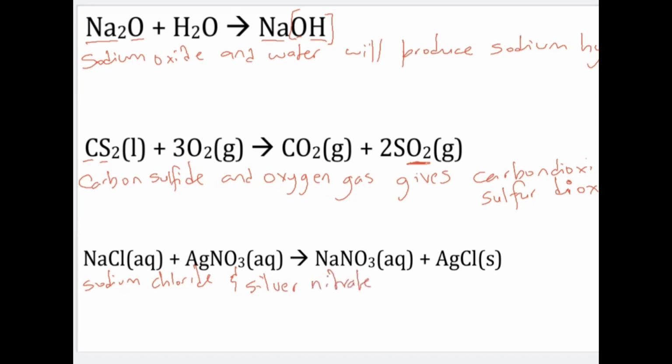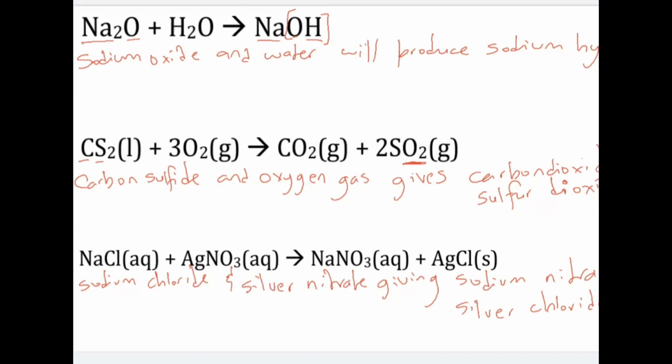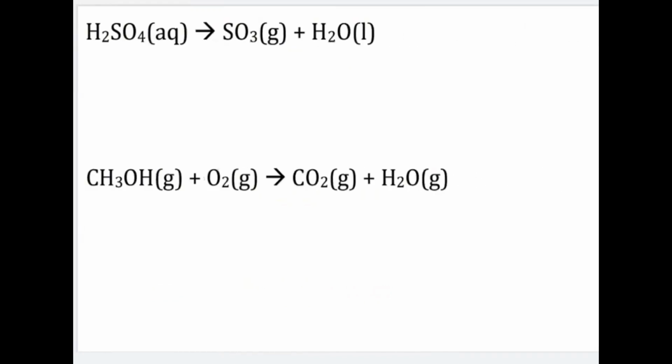So sodium chloride and silver nitrate give sodium nitrate and silver chloride. So notice these are very simple to read as chemical equations in terms of what is really happening. All right, now if we go to the next page, we will have some more.